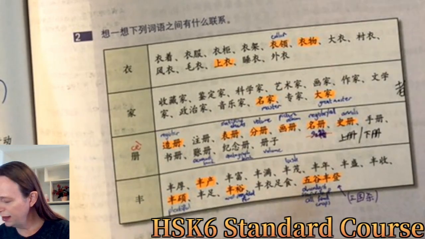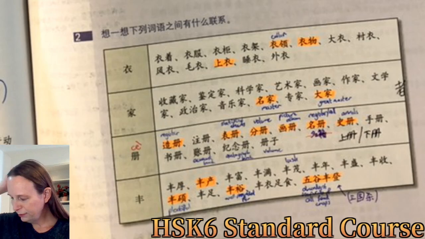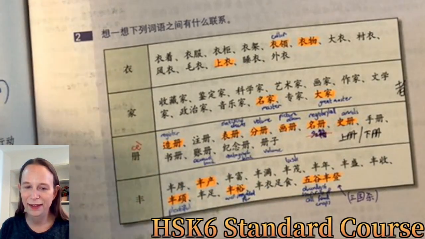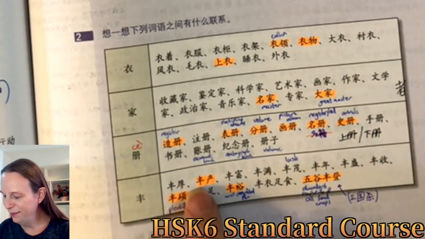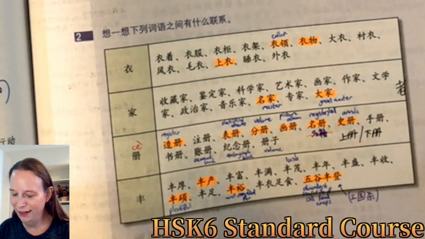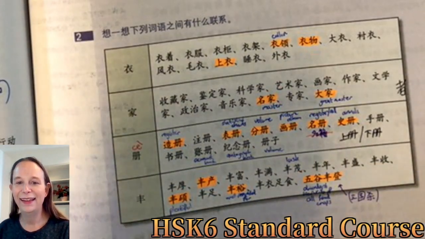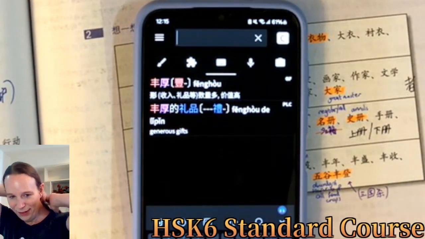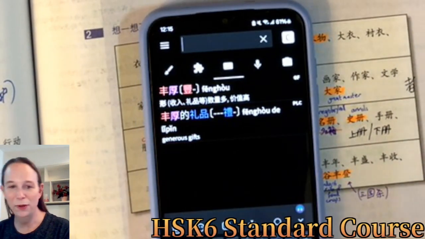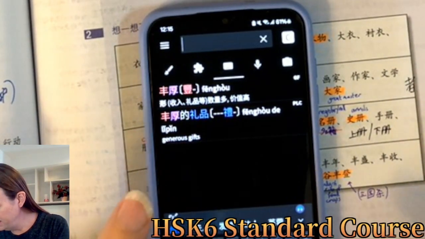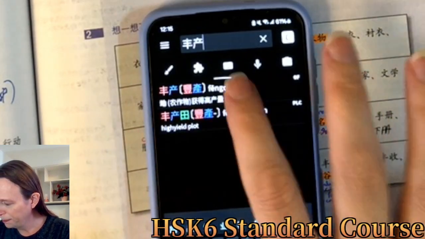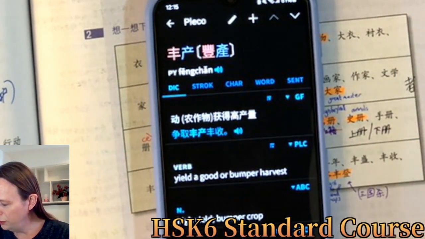Not sure about that one. Yeah, it's kind of basically means a lot of or good or plentiful, and it implies what, and then the subsequent word tells you what it is that is plentiful. 丰产. 农作物获得高产量.